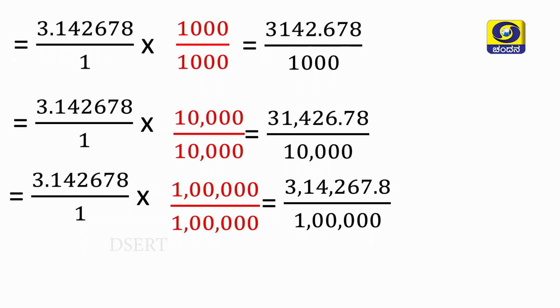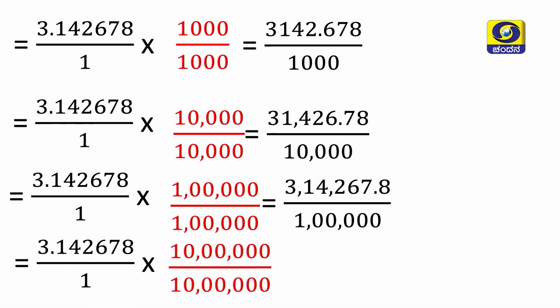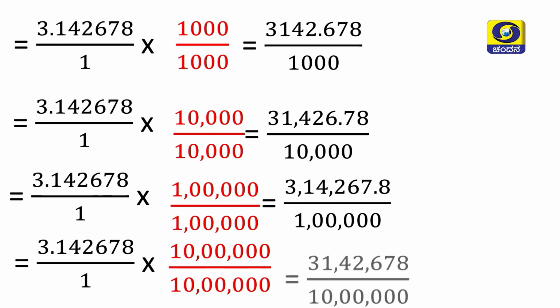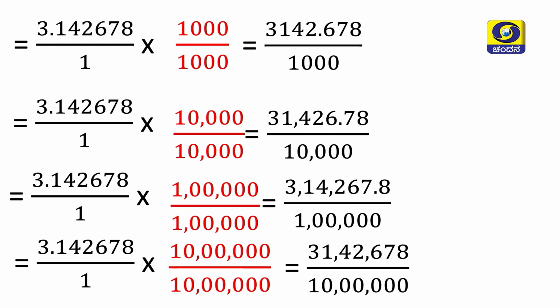See, only one digit is remaining, my dear students. So, now you have to multiply both numerator and denominator by 10 lakh, we will get 31,42,678 by 10 lakh. Now, it is in the form of p by q, my dear students. Please note down, my dear students.